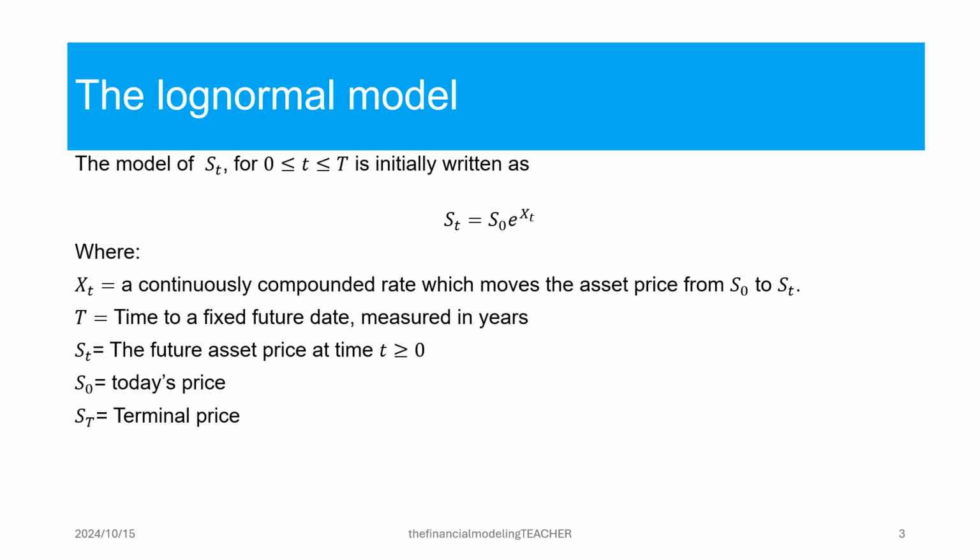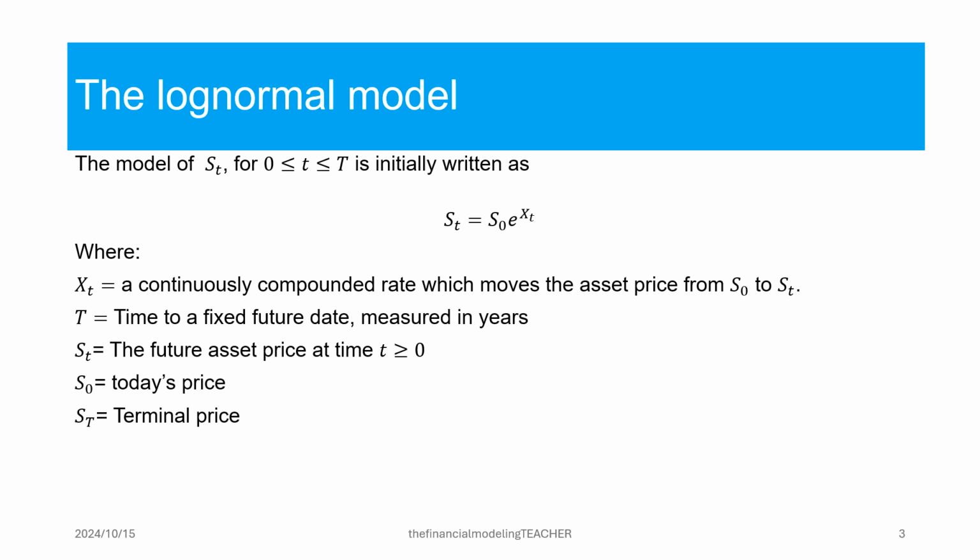Here X_T, the rate, is a continuously compounded rate which moves the price from the initial price S_0 to the price we require at time T, S_T.